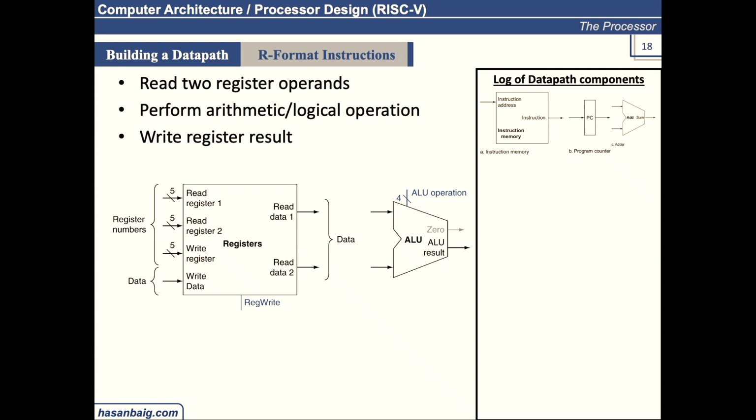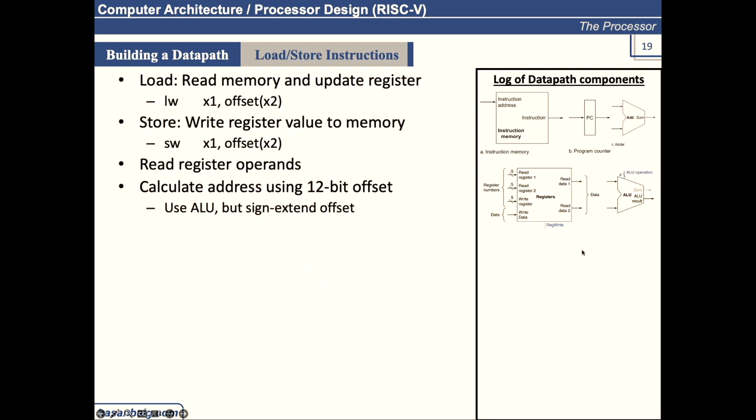Okay? So let's put these 2 components in the data path components and talk about the load and store instructions. In the load instruction, we need to read memory and update the register. In the store instruction, we need to write the data into memory.